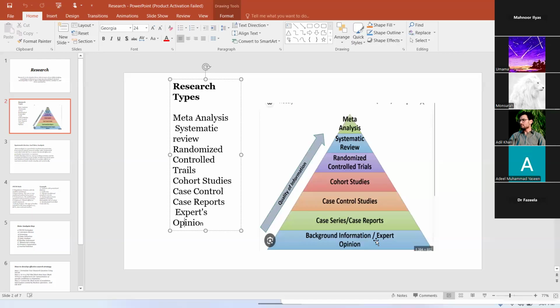Another form is the informative letter, in which we give any recent information to the journal or editor. For example, if a new drug for diabetes is approved by the FDA today, I'll write a letter to the editor on that drug, giving its basics and telling the editor that this drug is approved and will come into the market soon.